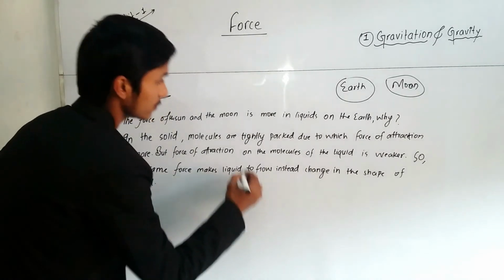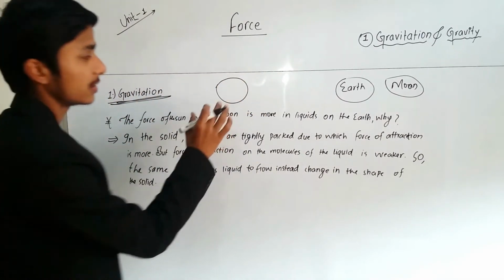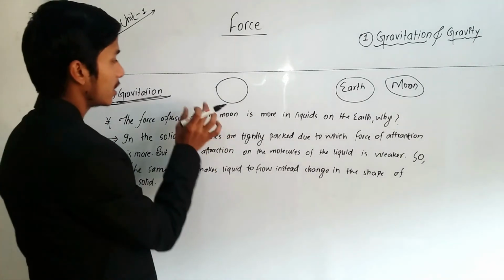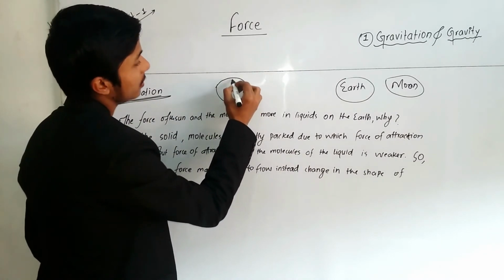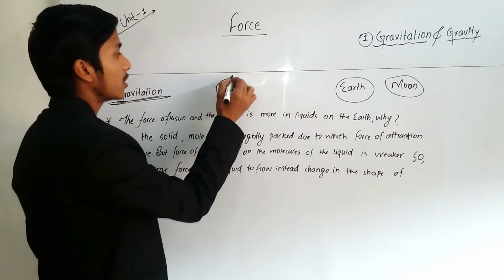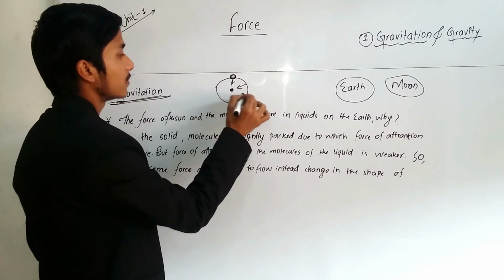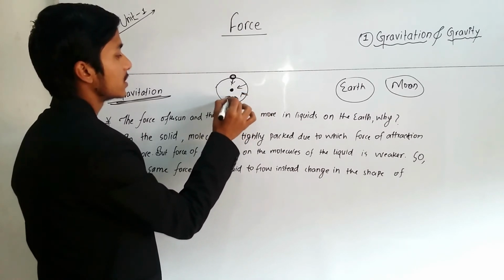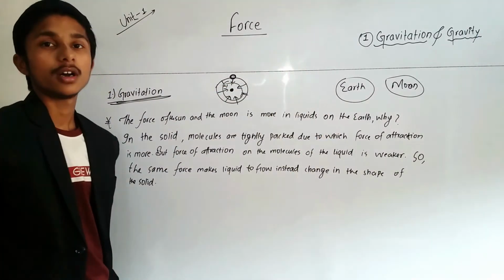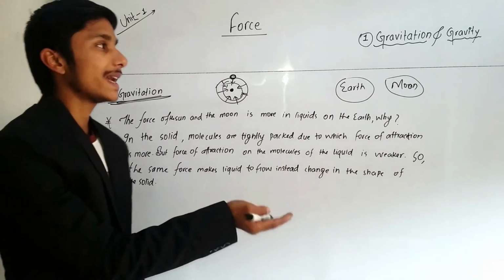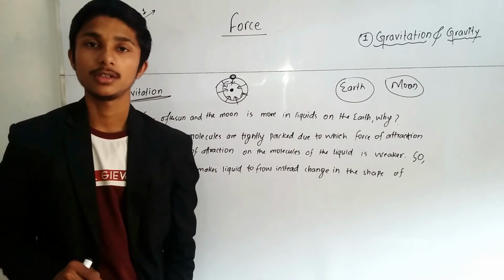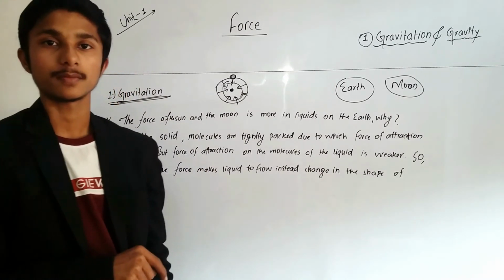See here, suppose this is Earth, then the Earth pulls objects on it towards its center. So we can say that gravity is a vector quantity, means it has both magnitude and direction. Direction is towards the center of the earth, or towards the center of the heavenly body.